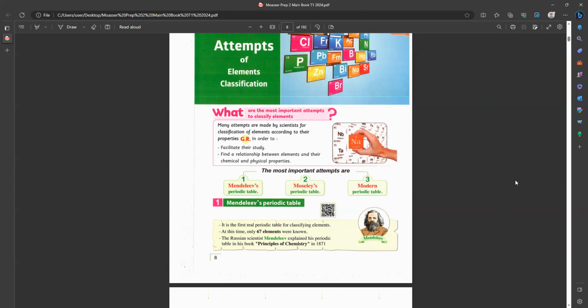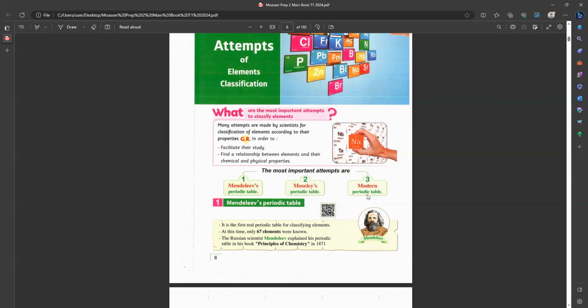And we have three types of attempts, three types of trying by the scientists to organize the elements in a table. The first one is called the Mendeleev periodic table, according to the name of the scientist that designed this table. The second one is called the Moseley periodic table, according to the name of the scientist who designed this table.